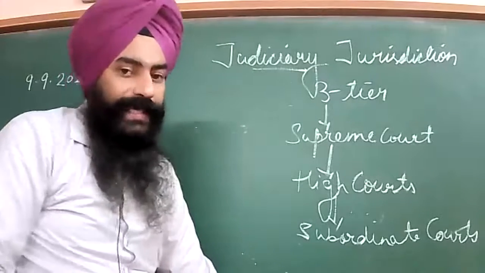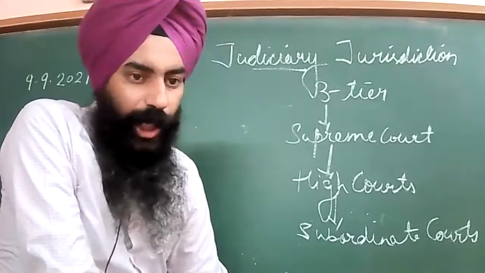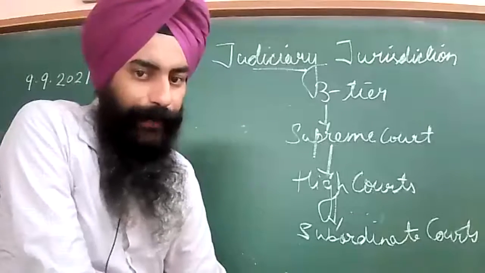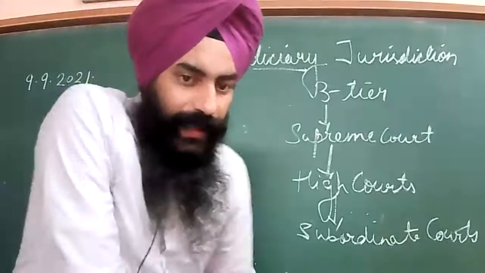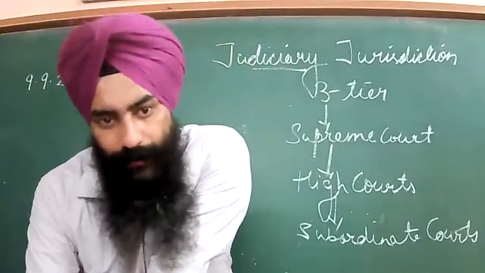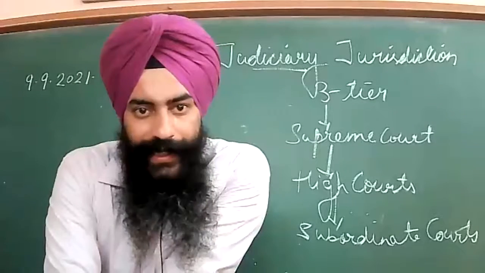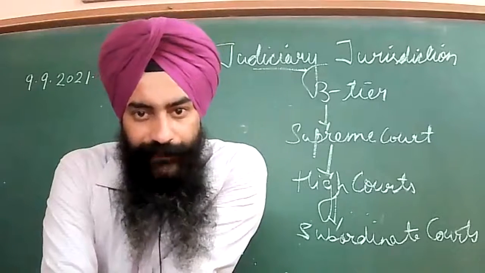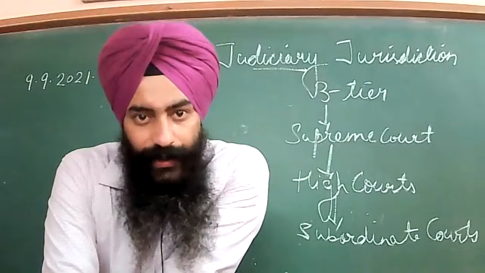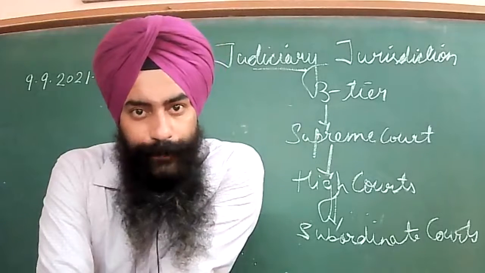Second is, if the President has not functioned properly, if the President of India does not work properly, is inefficient, under such circumstances the President can also be removed from their post by the advice of the Chief Justice of India. Navkaran, what do we call that process?